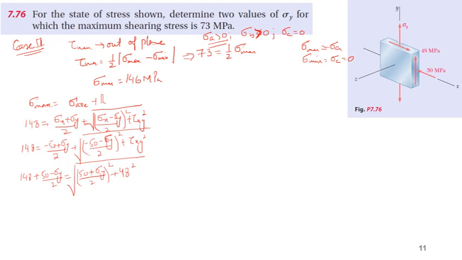Now, multiply this whole equation with 2, so that will become 292 plus 50 minus sigma y, 2 times, is equal to under root 50 plus sigma y divided by 2 whole square plus 48 square.